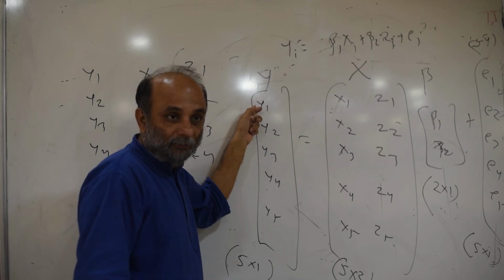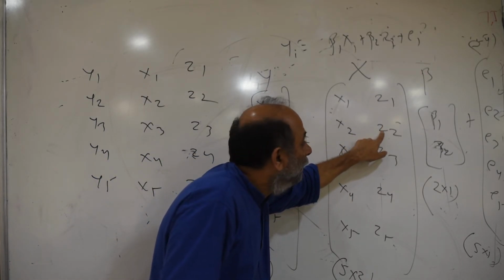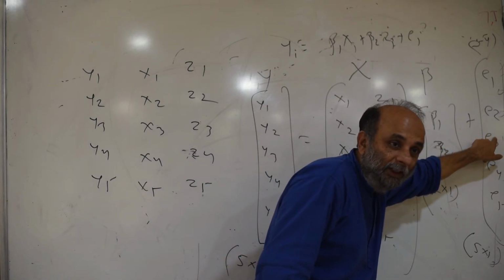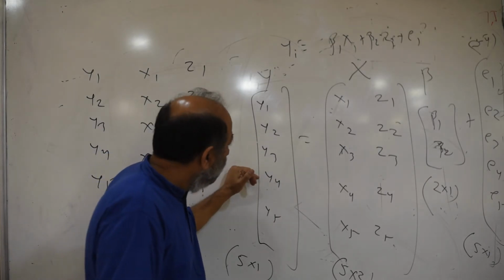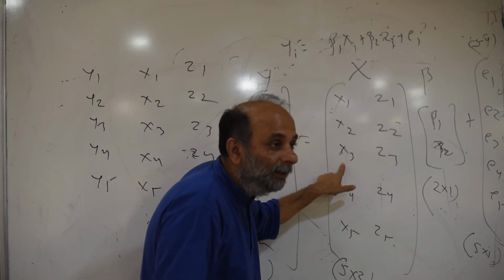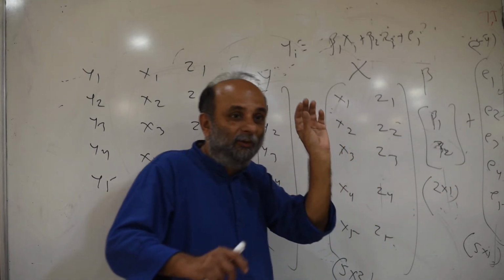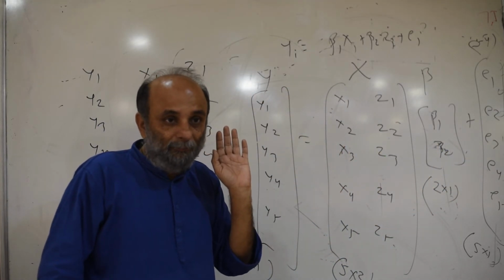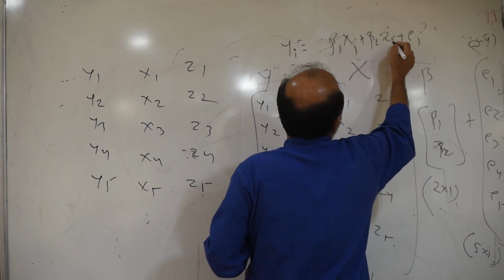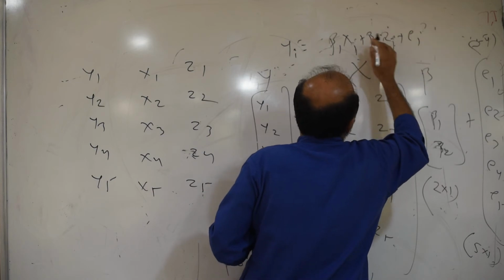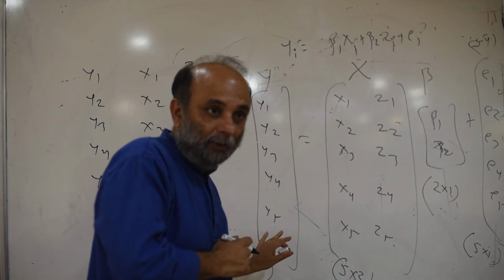My first equation. Beta 1 x2 plus beta 2 z2 plus e2 is equal to y2. Similarly, beta 1 x3 plus beta 2 z3 plus e3 is equal to y3. So while yi is equal to beta 1 xi plus beta 2 zi plus ei, I can reproduce this whole set here.